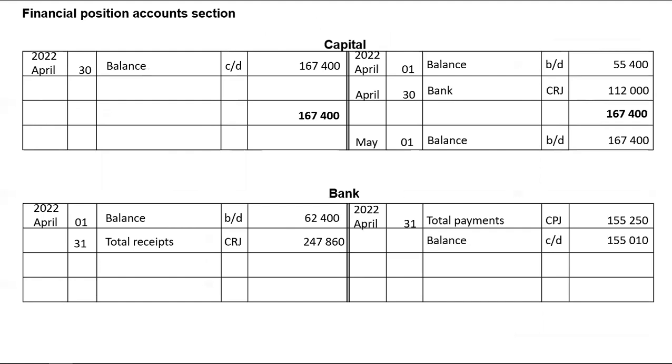155,250. Balance carried down, I will simply take the total of the debit side minus 155,250. It will give me that 155,010.